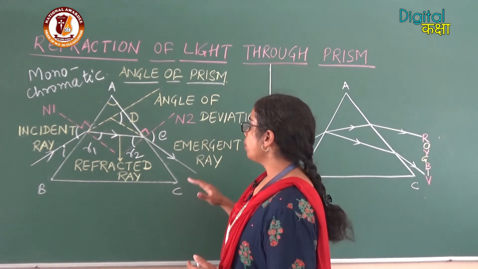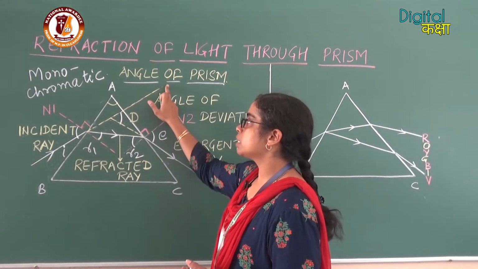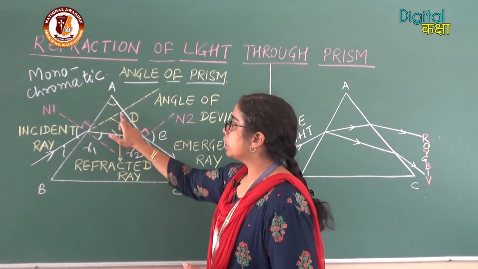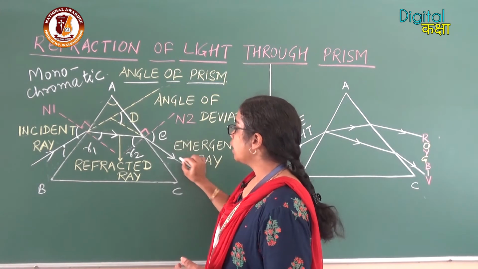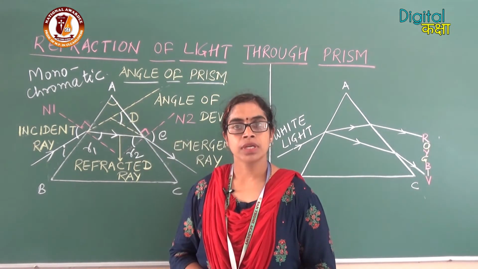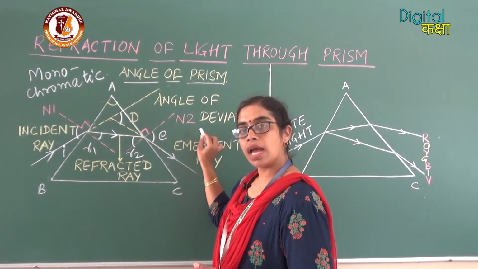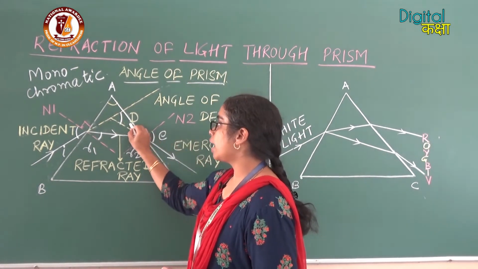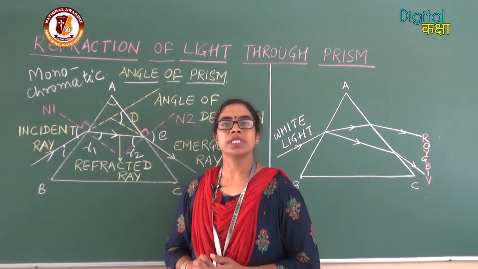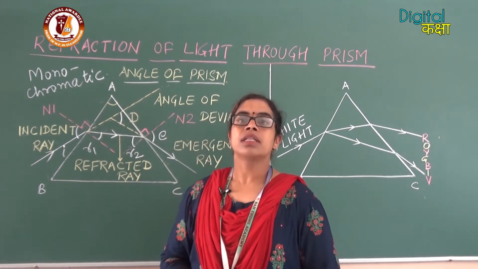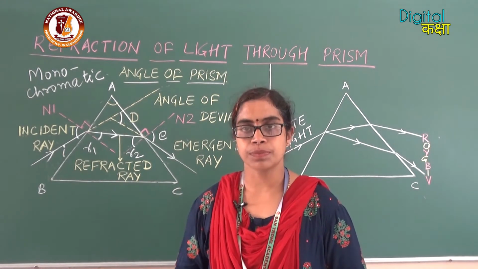So there is an angle formed between the extended incident ray and the extended emergent ray. This angle is called the angle of deviation and is represented as capital D. So this is the diagrammatic representation to understand the refraction of monochromatic light through a glass prism.